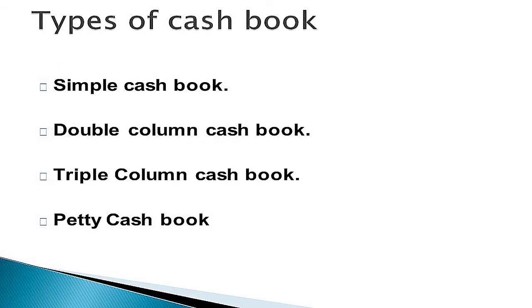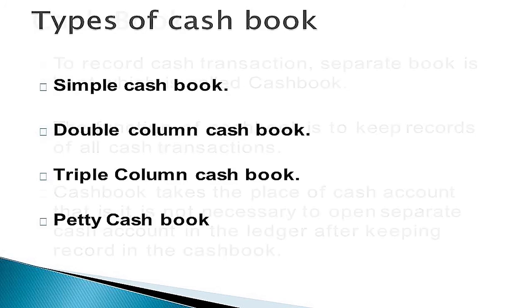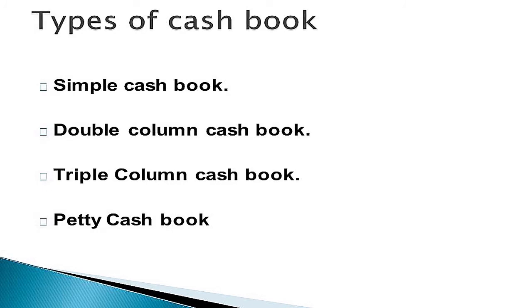Okay, simple cash book which we prepared earlier, double column cash book with discount column, triple column cash book with bank, discount, cash columns. Petty cash book is used for maintaining the small payments, which are used for running the office. Okay, so these are the subsidiary books except bills receivable and bills payable.